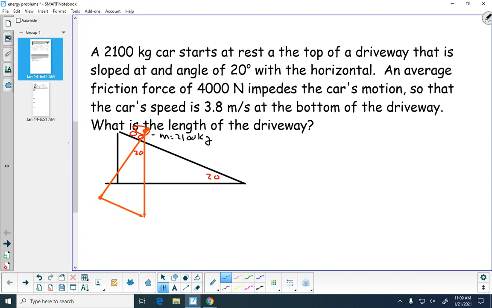We have an average force of friction, so we don't have to calculate this, 4,000 newtons. We have a speed at the bottom of the driveway, down here at the bottom, of 3.8 meters per second.